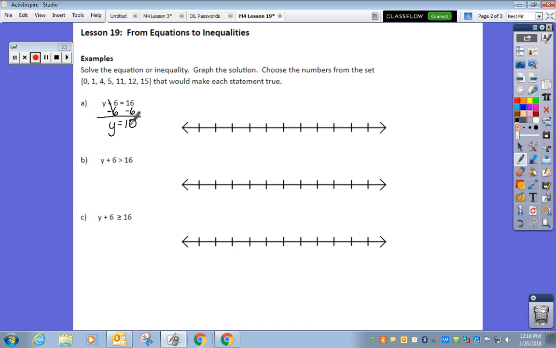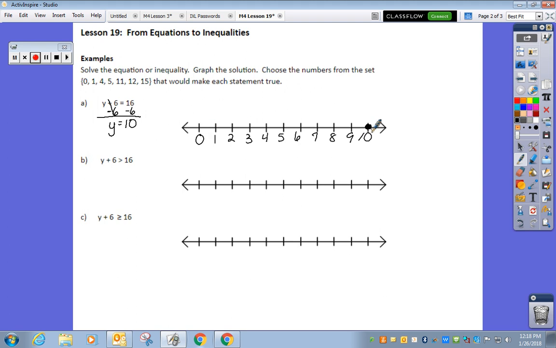So when we go to graph this, we can number our number line like this. Since y is equal to 10, at 10 we would just put our point. So that's how we would graph y equals 10.